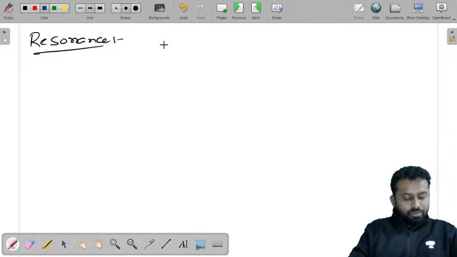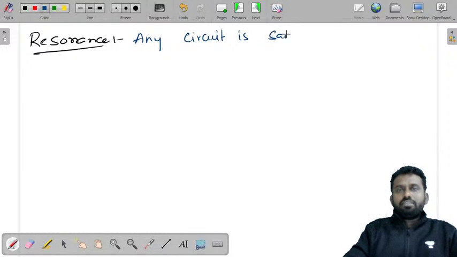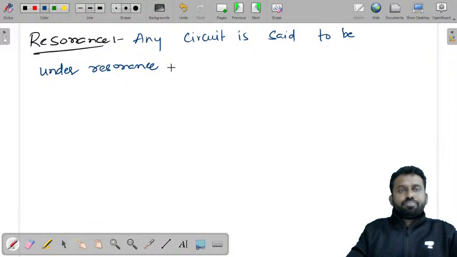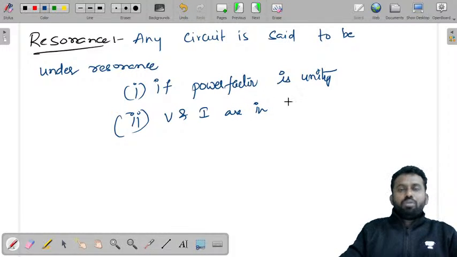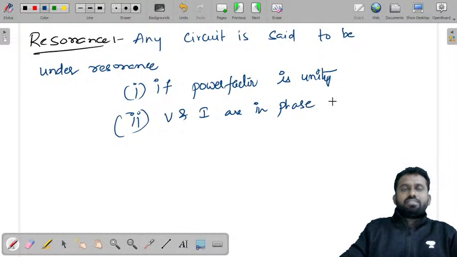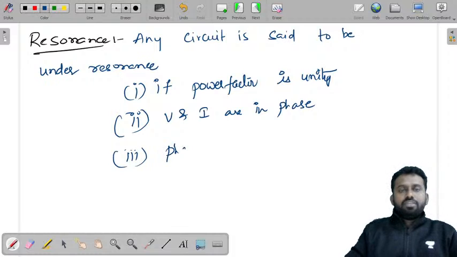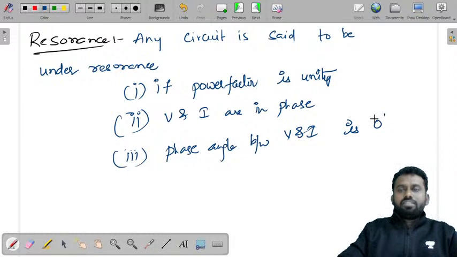Any circuit is said to be under resonance if the power factor of the circuit is unity, or you can also say the applied voltage and resultant current are in phase, or nothing but the same thing, the phase angle between V and I is 0 degrees.